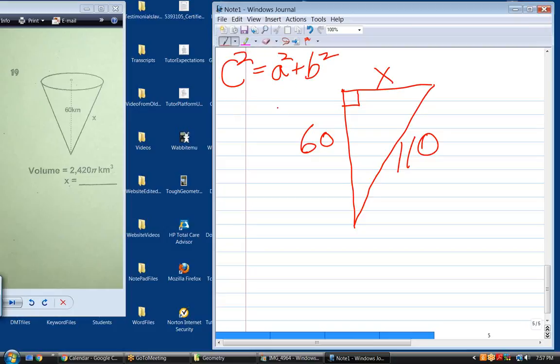Notice that if I'm solving for one of the short sides here, I get a squared equals c squared minus b squared, which means a is equal to the square root of c squared minus b squared. So I can always figure it out from the Pythagorean theorem, but it takes a couple of extra steps to get to the meat.